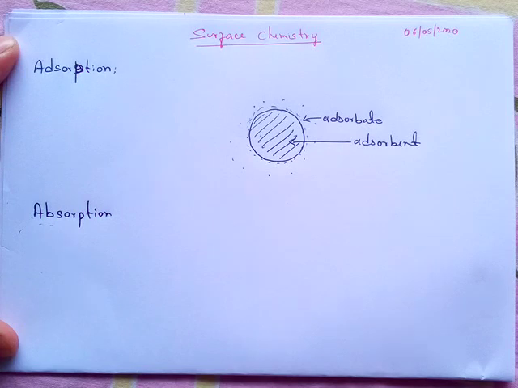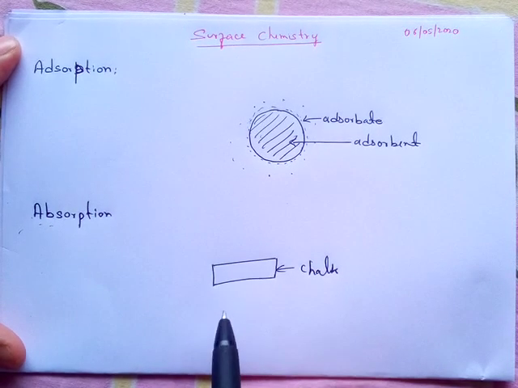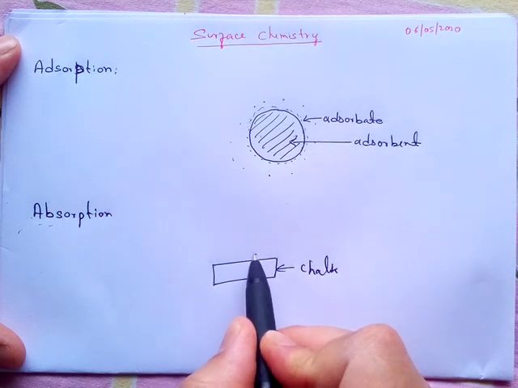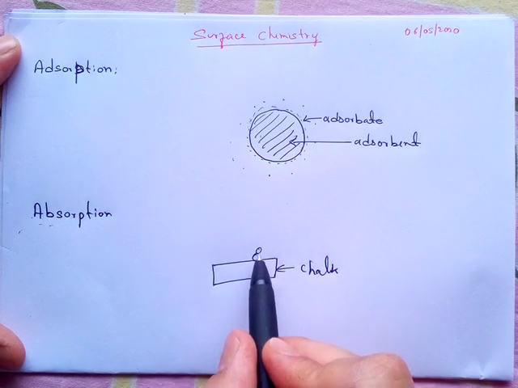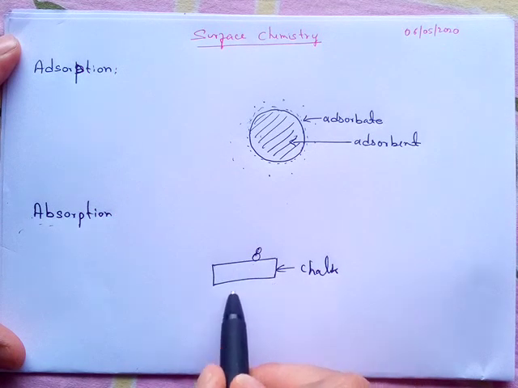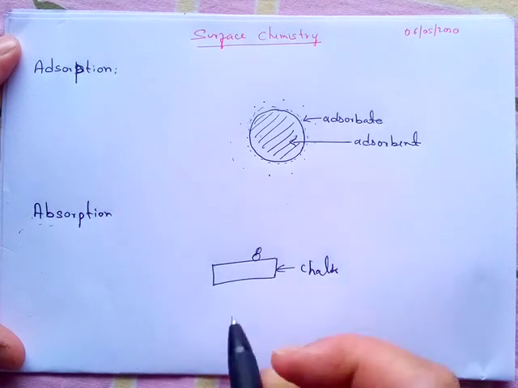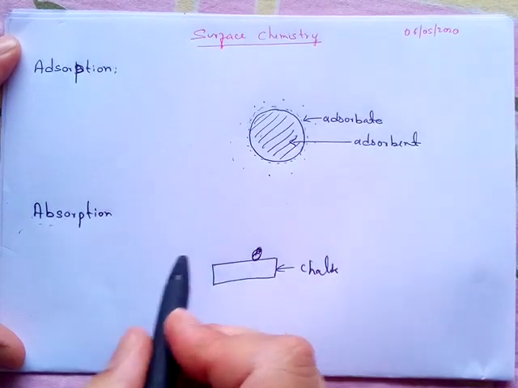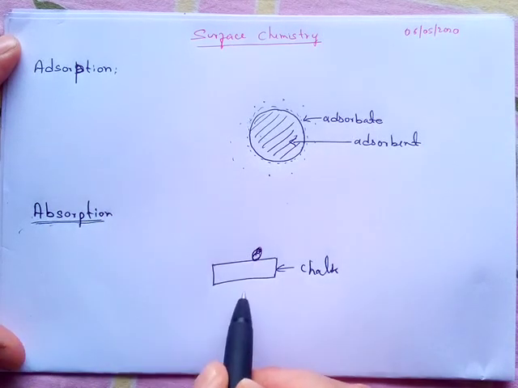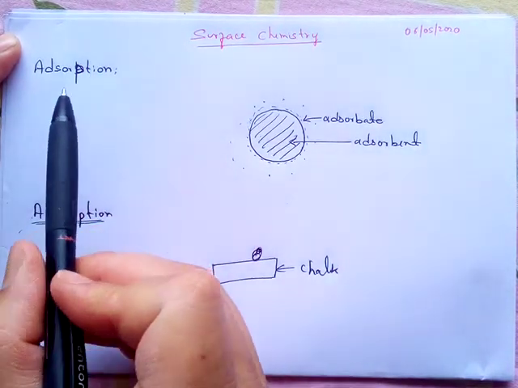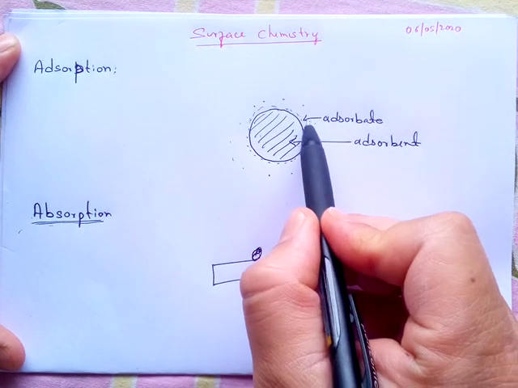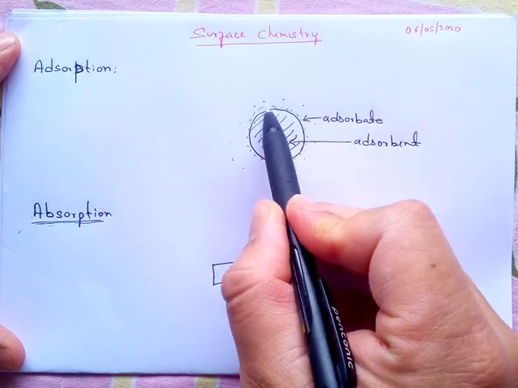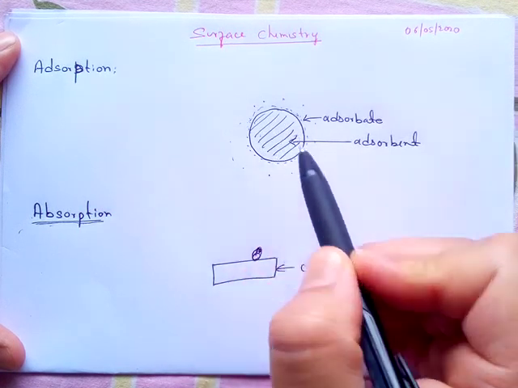For example, if we have a chalk and we put a few drops of water, what we notice is that it will go inside the chalk. It gets absorbed. Chalk will absorb the water molecules and they will go inside the chalk. So that is known as absorption. So absorption is a bulk phenomenon, whereas adsorption is a surface phenomenon. Here the particles which are present at the surface do not go inside the bulk.